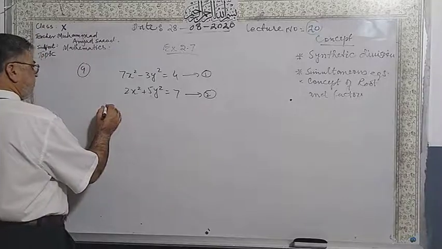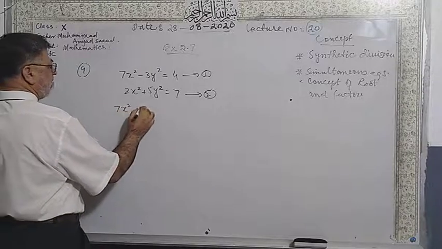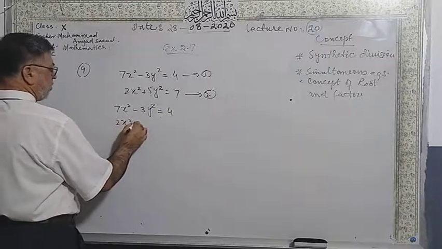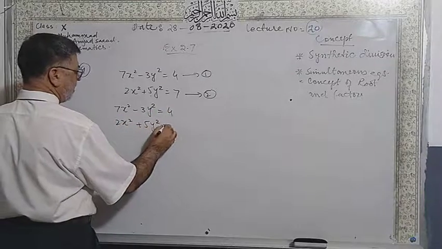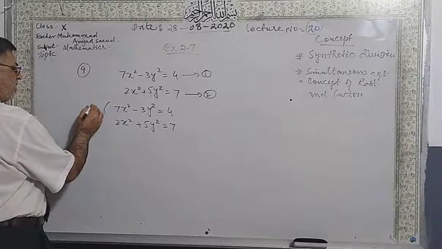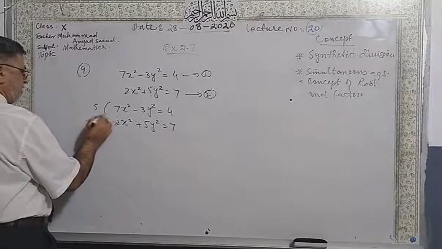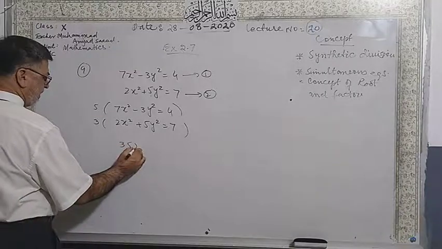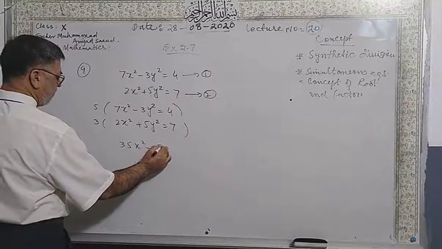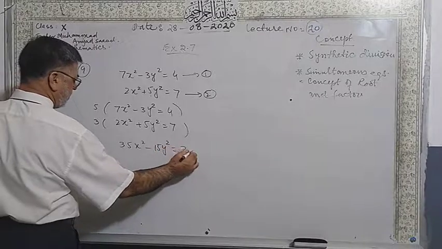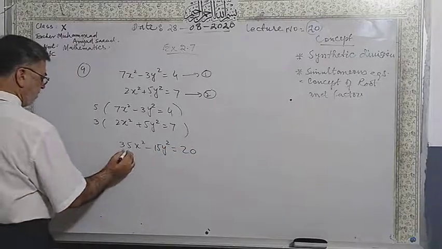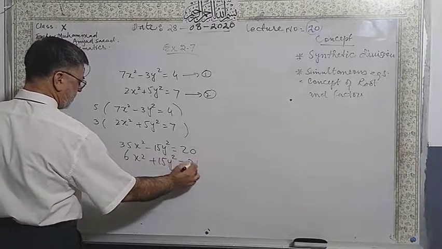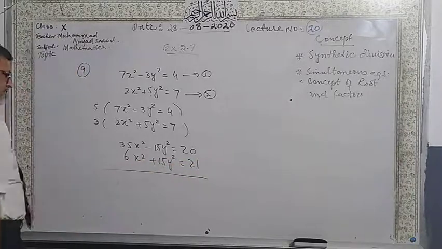This gives 35x square minus 15y square is equal to 20, and 6x square plus 15y square is equal to 21.